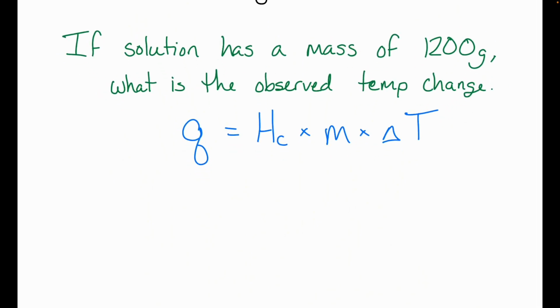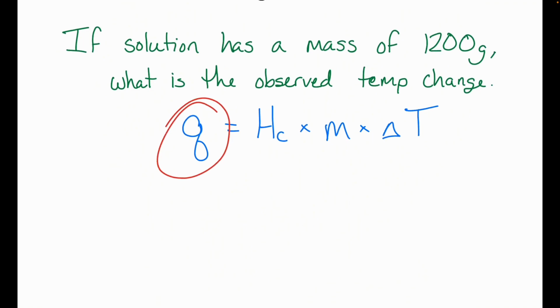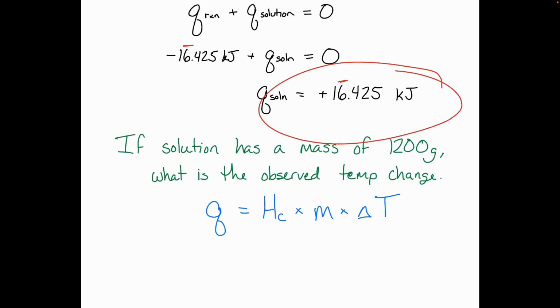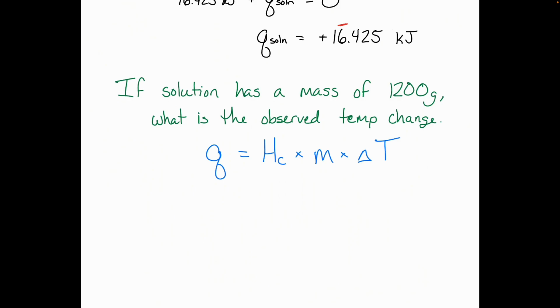All right, so in this equation here, what Q am I going to use? My Q of my solution, right? This is now my solution that's absorbed all that heat. All right, we have to be told how much of our solution we have, and in this case, it was given to us in our problem.